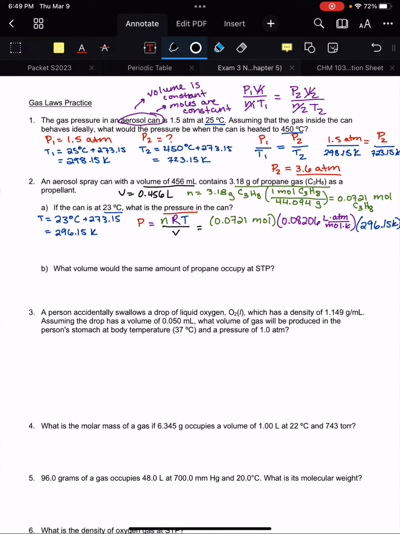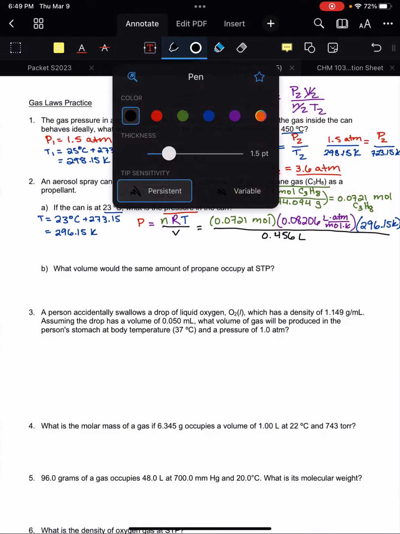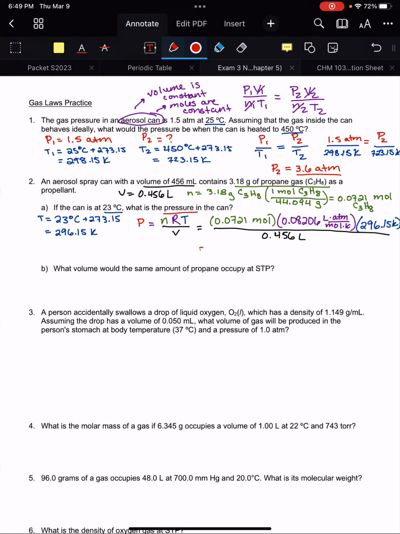And our volume was given in milliliters, which we converted to liters, so it's 0.456 liters. So we know that when we cancel all our units, we'll be left with atmospheres for our pressure, and we get 3.84 atmospheres of pressure. So it's fairly pressurized so that it fits into this small volume container and can be stored and shipped easily.